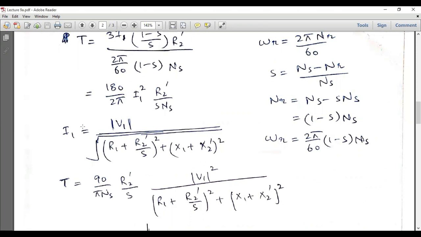Here we have to find out the expression for I1, which we will substitute here, and we will get the final expression for the torque. So I1 is equal to V1 magnitude divided by the overall magnitude of the resistances and the reactances: R1 plus R2 dash over S whole square plus X1 plus X2 dash whole square, and its square root.